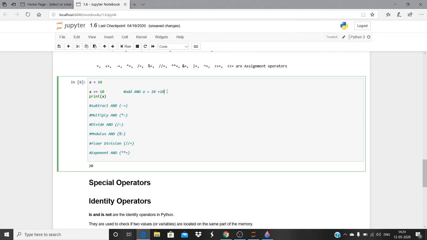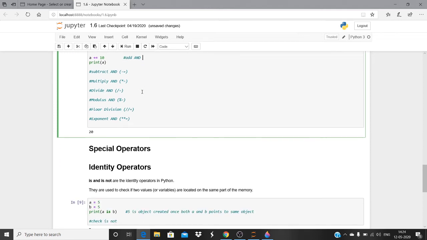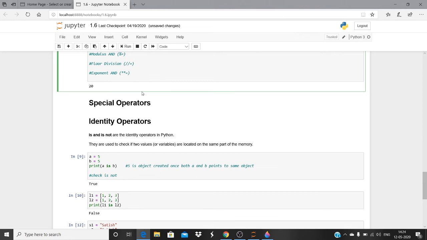Similarly, a minus equals, a multiply equals, a divide equals, a modulus equals, floor equals, exponent. We have taught all of these in arithmetic operators. So it is the same, but instead of writing a equals a plus 10 you can write a plus equals 10, which is just a simple way to write it. It makes the syntax easier.